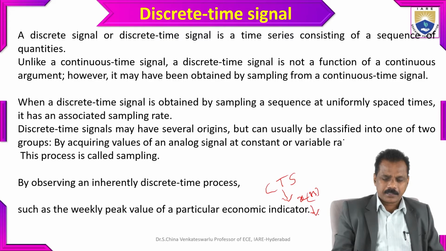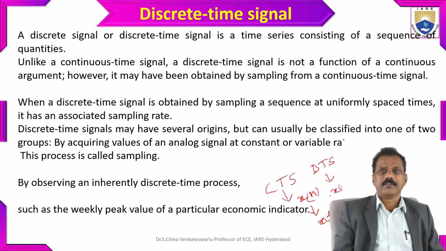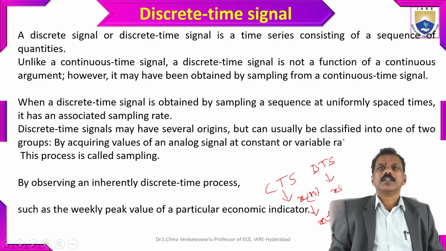A discrete time signal is not a function of a continuous argument. However, it may have been obtained by sampling from a continuous time signal.